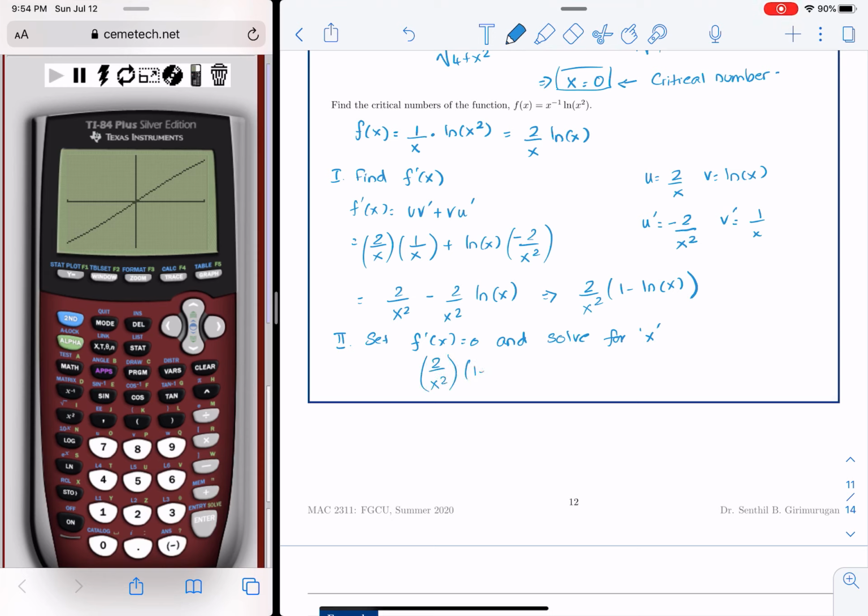I'm raising to the power of e on both sides, so e raised to ln of x is equal to e raised to 1. Those two go away, and I end up getting x to be equal to e. So the critical value is e, and that is 2.71828.